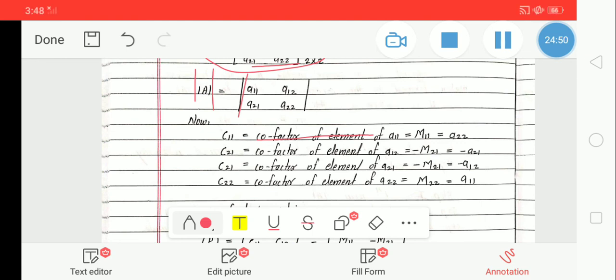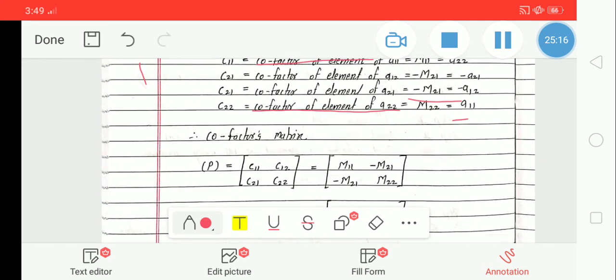C12, the cofactor of element A12, is minus M12, which is minus A21, and the cofactor C21 of element A21 is minus M21, which is minus A12. And C22, the cofactor of element A22, is M22, which is equal to A11.